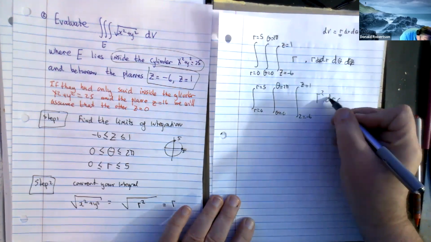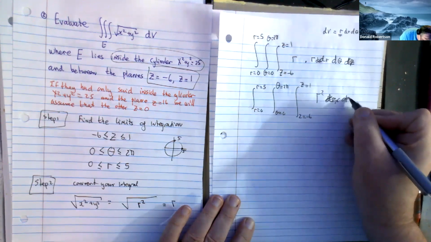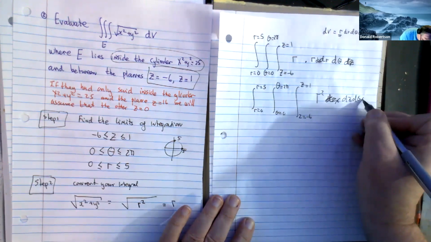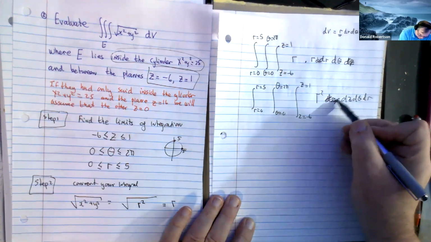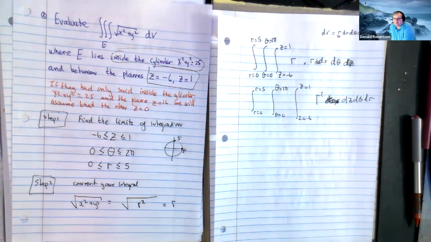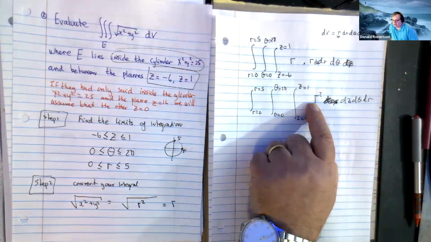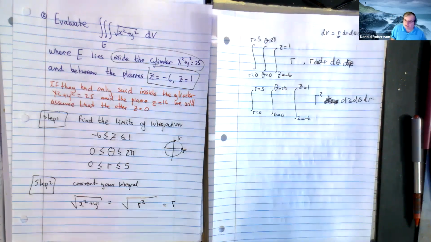Okay, that's better. dz, d theta, dr. Okay, let's look at the mechanics of this. Would you agree that this is a variable separable situation? All the limits of integration are numbers, and the function here can be separated.